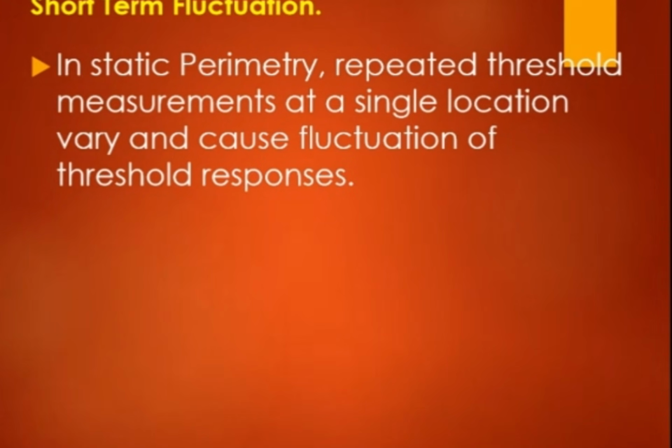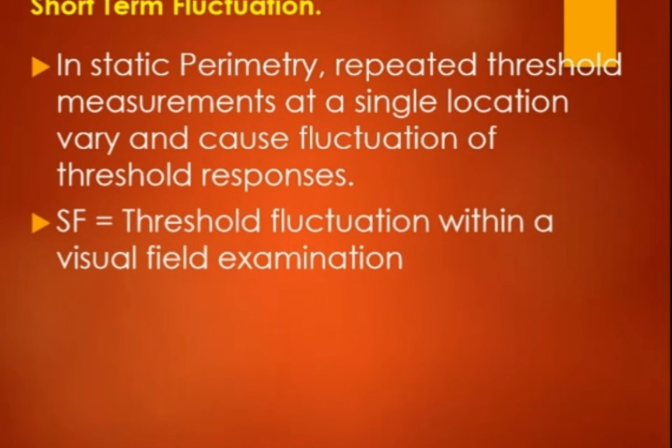So we also have the short-term fluctuation. For the short-term fluctuation in static perimetry, repeated threshold measurements at a single location vary and cause a fluctuation of threshold responses. So the luminance of the stimulus is being graduated, varying the responses given by the patient.